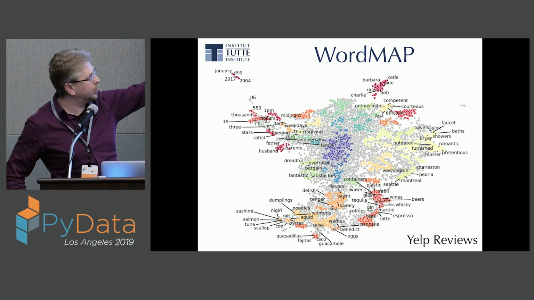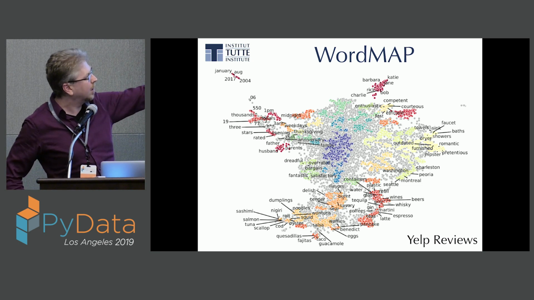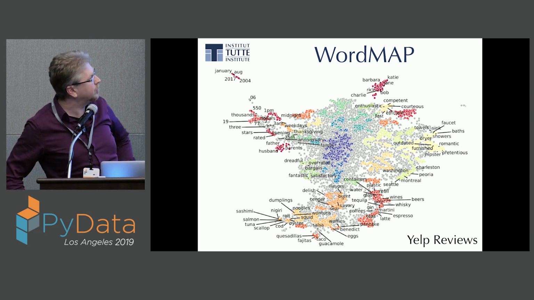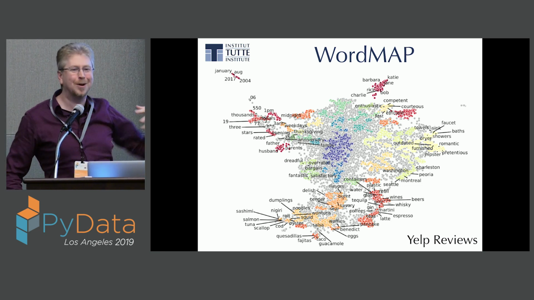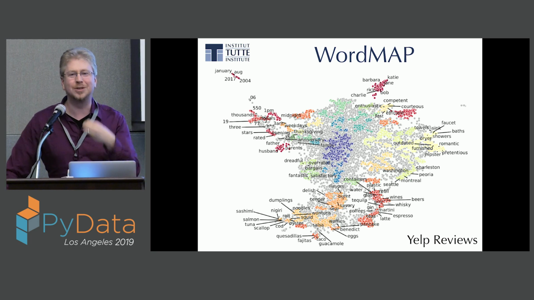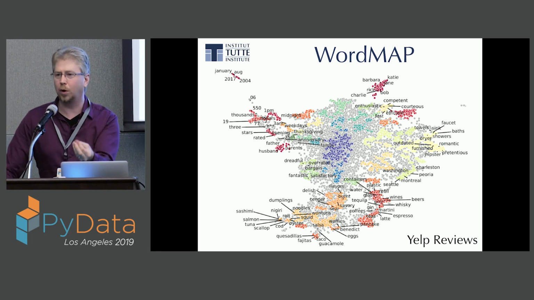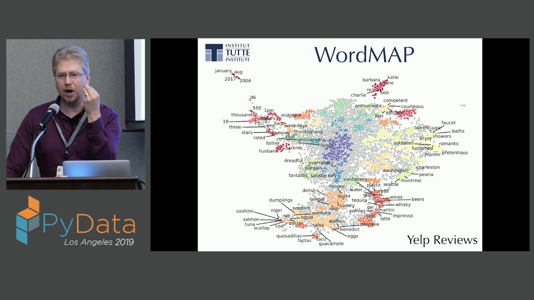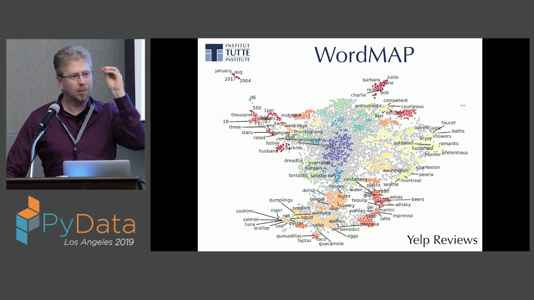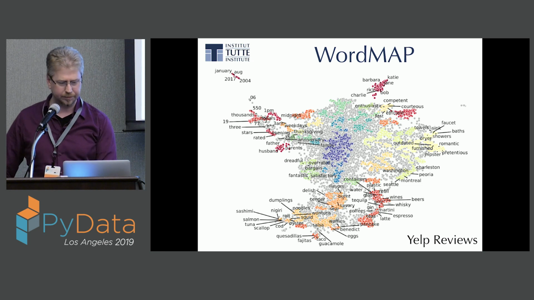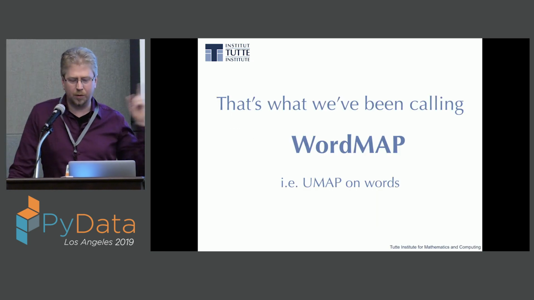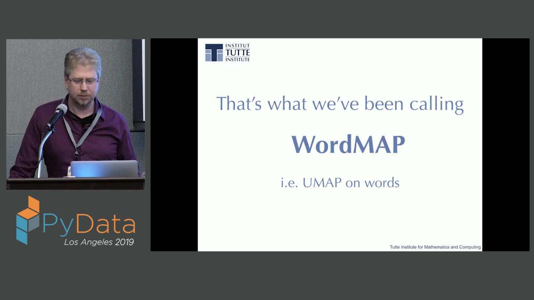You can move up into regions and places on the upper right. On the up top, you get hipster, pretentious, furnished. You get other things up that way, and so you can wander around your space and you can learn how words are being used in your corpus. And so you've learned not about language in general, but how language is being used within Yelp in this particular case. That's what we've been calling a word map, or UMAP, on words.